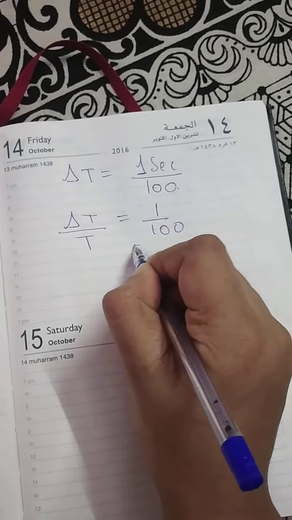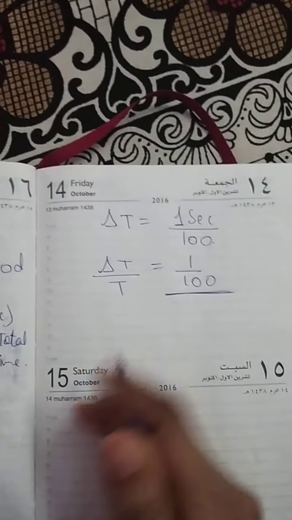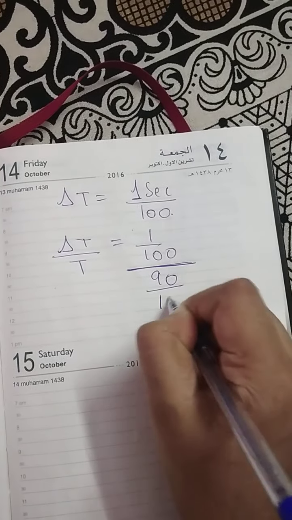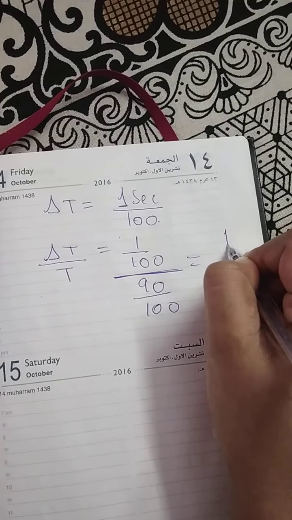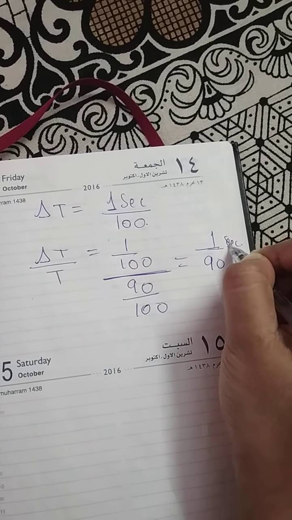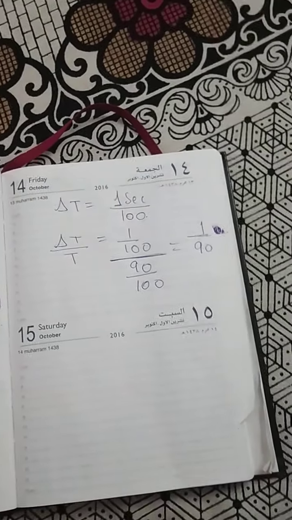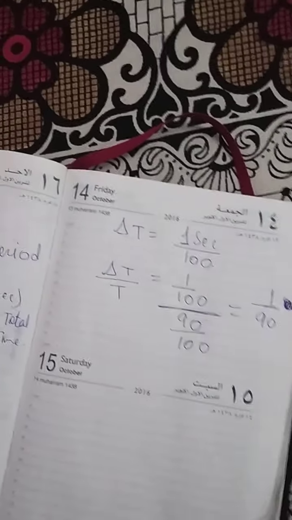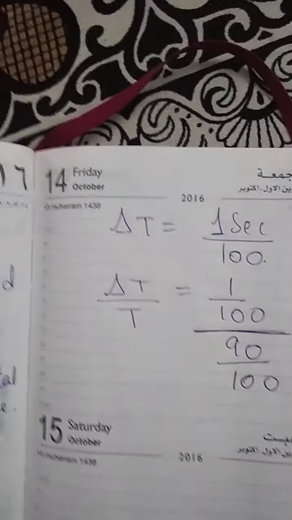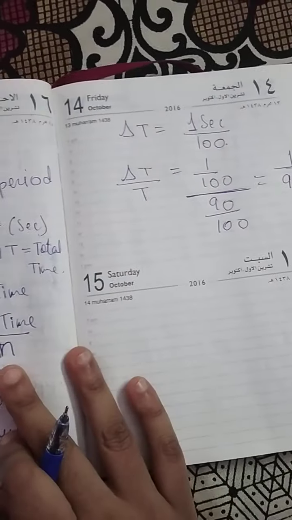This is the value of delta T divided by T. What is the value of T? 90 upon 100. So what is its actual value? It is equal to 1 upon 90. Are you getting my point? This is the delta T upon T value, which is equal to 1 upon 90.